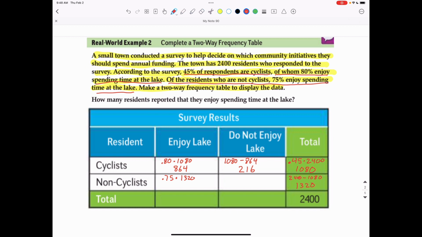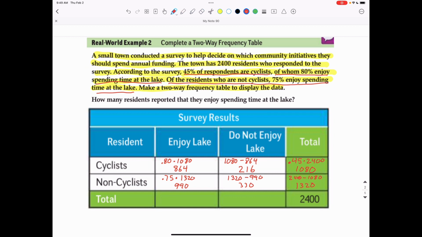As I quickly type that in my calculator, I get 990. And we also know that since there are 1,320 non-cyclists and 990 enjoy the lake, the remaining must not enjoy the lake, so that would be 1,320 minus 990. So we have 330 who do not enjoy the lake.